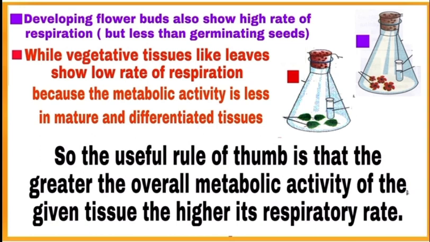While in vegetative tissues like leaves, they show low rate of respiration because the metabolic activity is less in mature and differentiated tissue. So, the useful rule of thumb is that the greater the overall metabolic activity of given tissue, the higher its respiratory rate. The more metabolic activity in the tissue, the higher its respiratory rate.